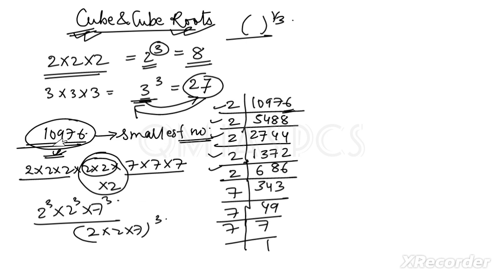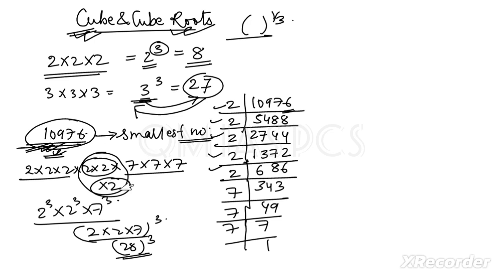So this number is complete, I mean the cube of which number? It will be 4 multiplied by 7, so the cube of 28 is equal to this one. So the smallest number by which we have to multiply 10976 to make it a perfect cube is 2. Sorry, the cube of this number is not this one.